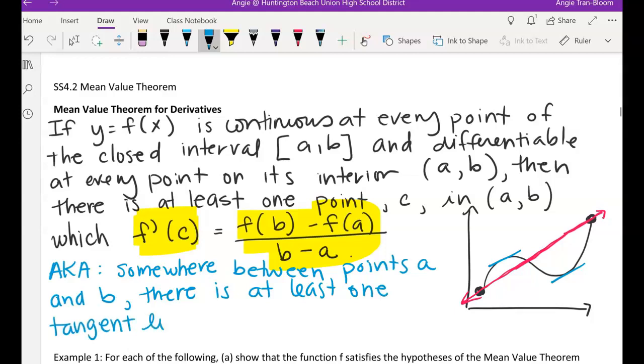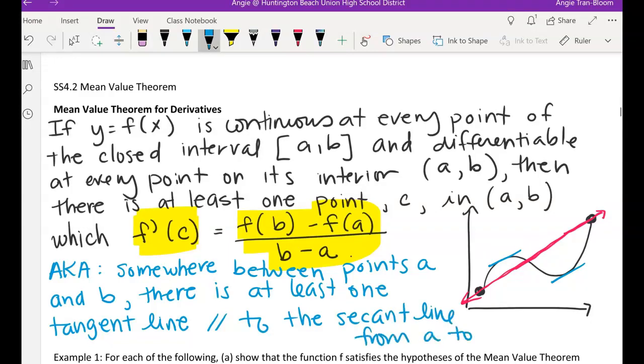One tangent and tangent line, they're talking about the same thing. One tangent line, okay? What's happening to the tangent line? This tangent line is going to be parallel to the secant line from A to B. Would you guys agree? Yep.